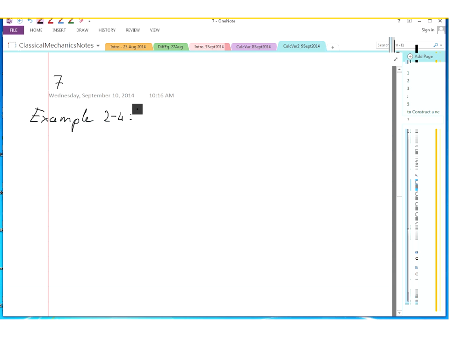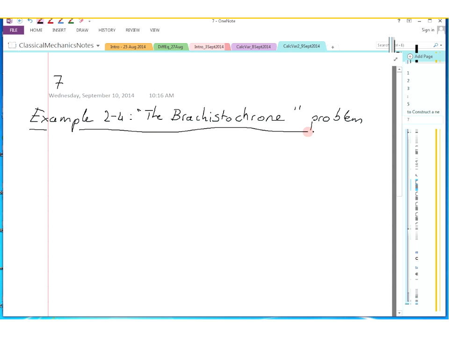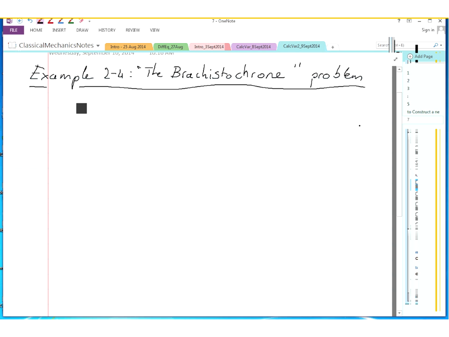I'm only going to spell this once. It's actually the original problem that was used to come up with the formalism of variational calculus, and it's a very important problem.